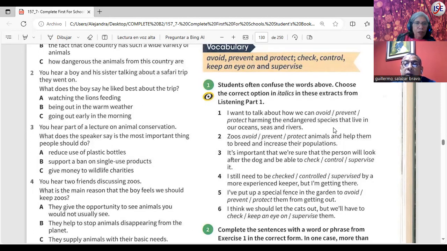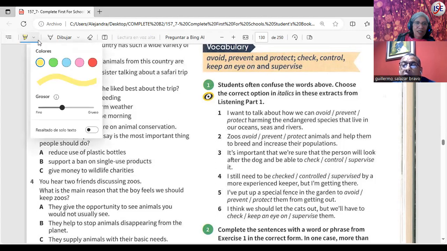Remember, you avoid something or someone. Avoid, prevent, or protect. Which one do you think it is?